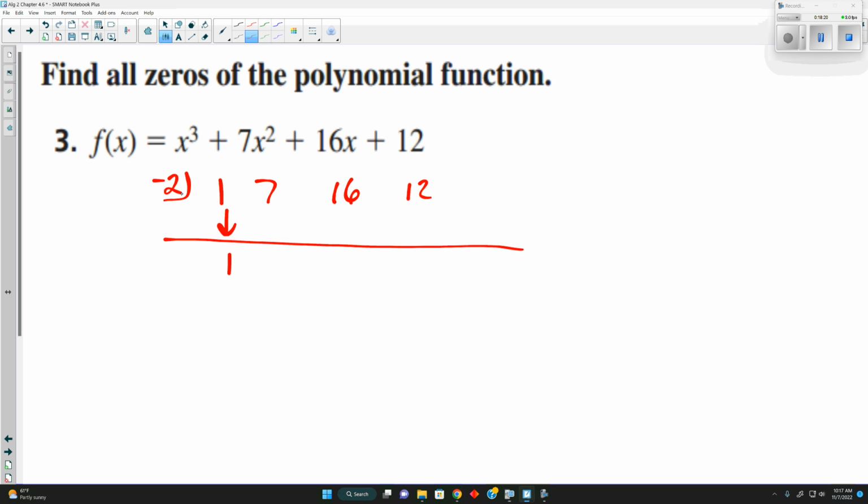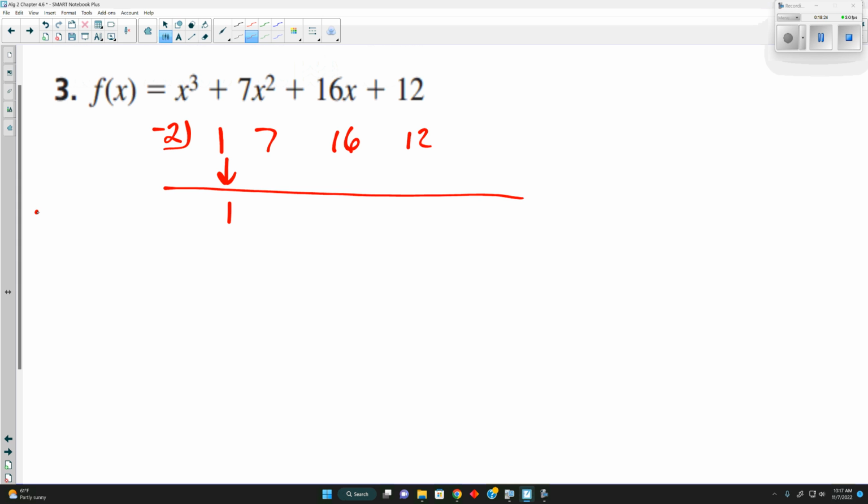Now -2 times 1 is -2. 7 plus -2 is 5. -2 times 5 is -10. 16 plus -10 is 6. -2 times 6 is -12.